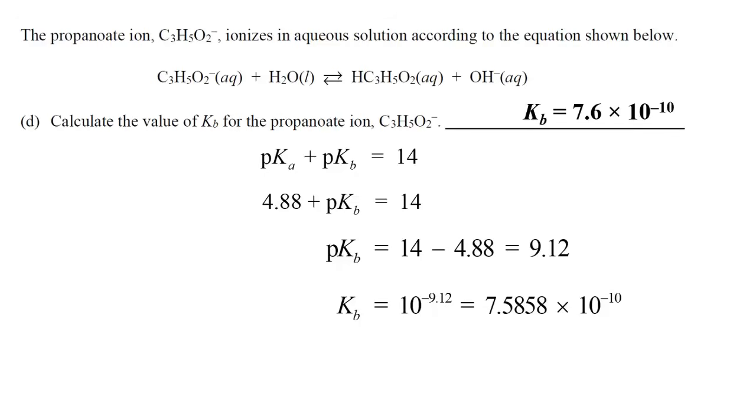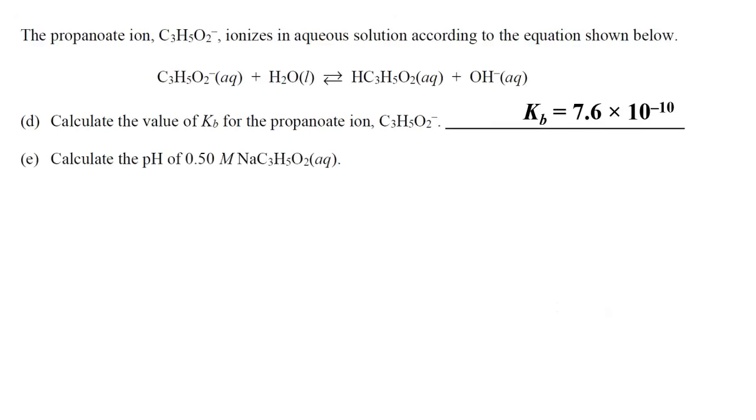So I've shown you two different methods to get the answer to part D, and they were very similar mathematically. I got either 7.7 or in this case 7.6 times 10 to the negative 10. All right, well, hopefully that made sense. And now let's go ahead and move on to part E of this question.